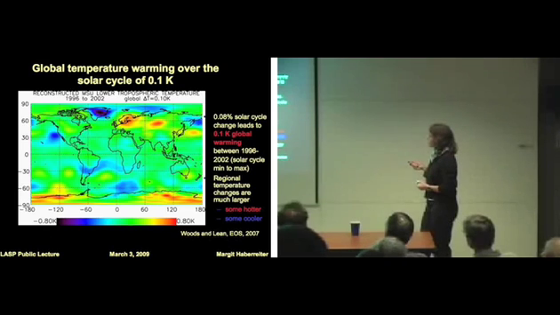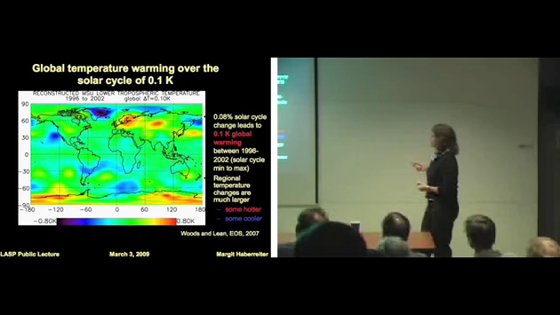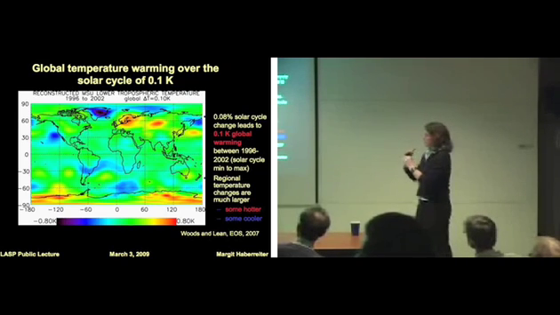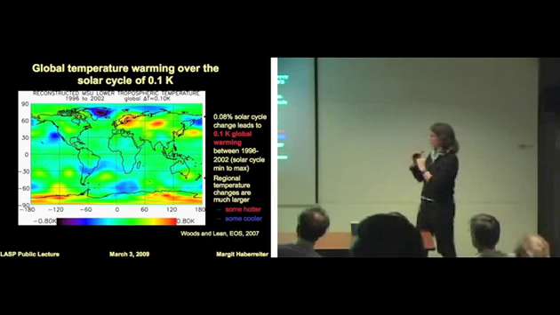This is a study that has been put together by Tom Woods and Judith Lean, and it's a global circulation model, and it shows the differences in temperature using solar input at solar minimum conditions and solar maximum conditions.